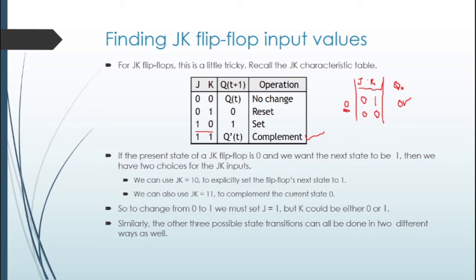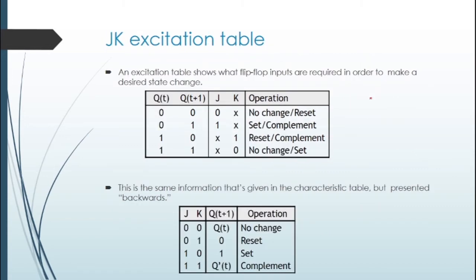So we can use two options according to our choice, and it gives us the choice of using don't care. For example, in this scenario, K is a don't care. We can use any value of K and it will work. So when generating the inputs of the JK flip-flop, K becomes a don't care, and don't cares are easy to implement. So this is a JK excitation table after taking all these.